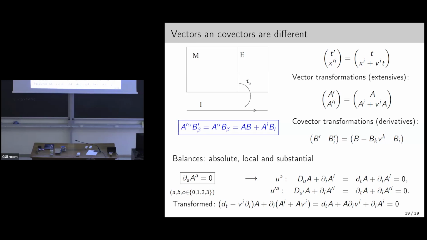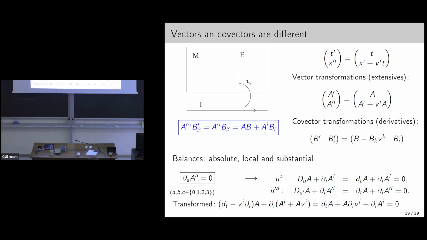We can observe and transform them into this substantial form. Substantial, as it is called in this literature, is the co-moving balances expressed by the laboratory frame split quantities.